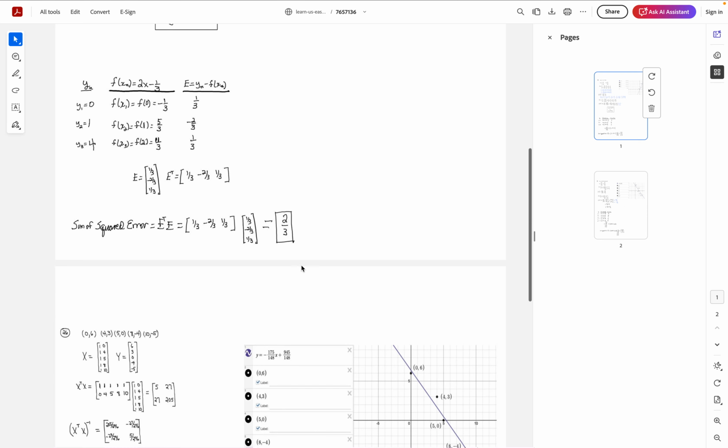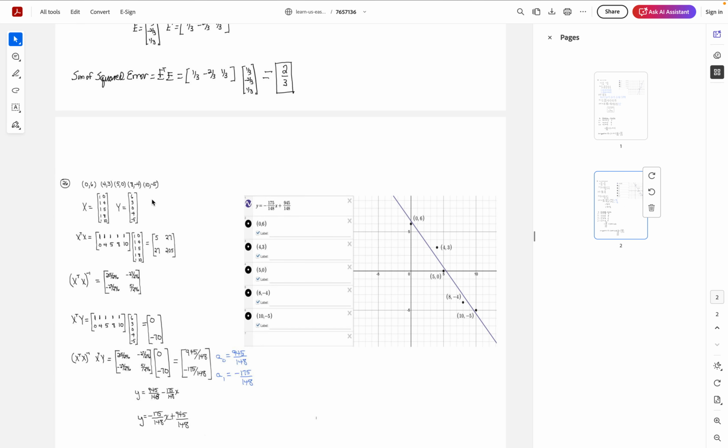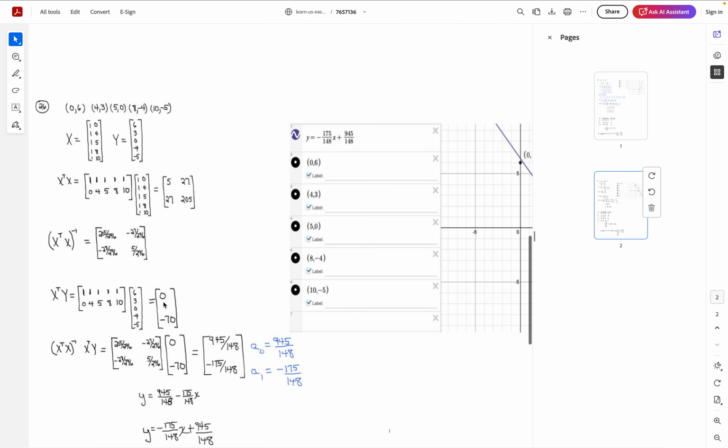And also just a second case here, so we have 5 distinct points, and going through the cycles, we have with the products, for the transpose of x times x, you have 5, 27, 27 and 2 of 5, and the inverse of that results in this set of fractions.